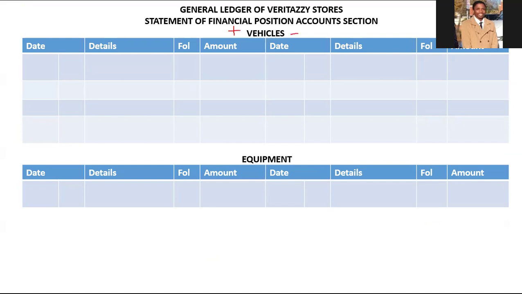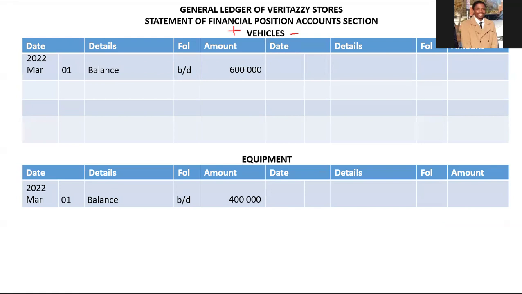At the beginning of the year, we had vehicles amounting to 600,000. Then we purchased another vehicle worth 150,000. They didn't specify how we purchased it. So equipment will still remain the same, which will be the 400,000. We didn't purchase any equipment.